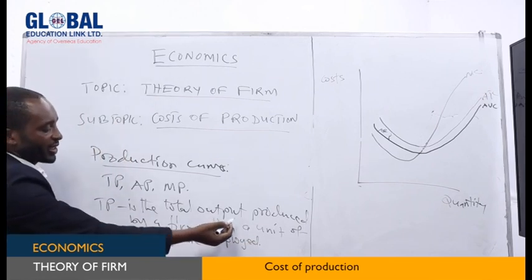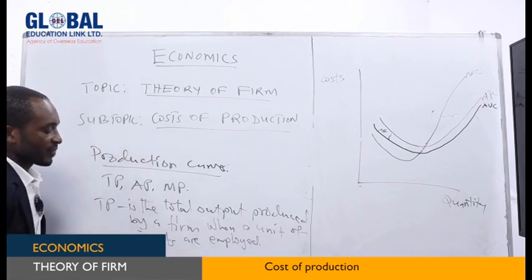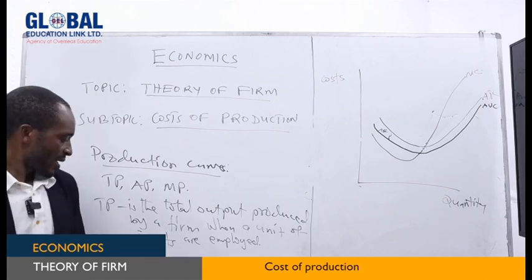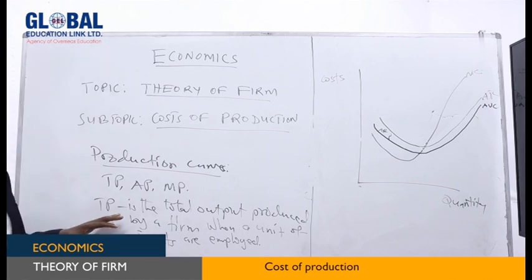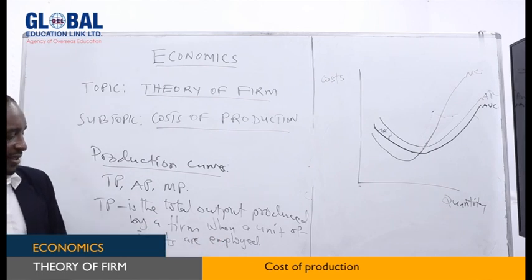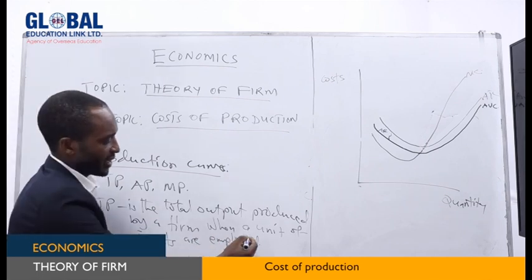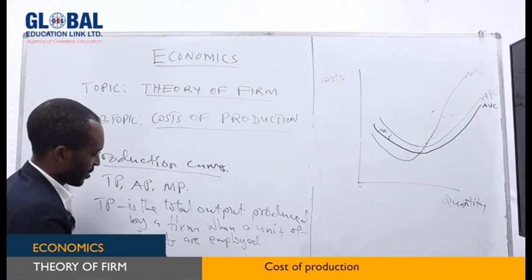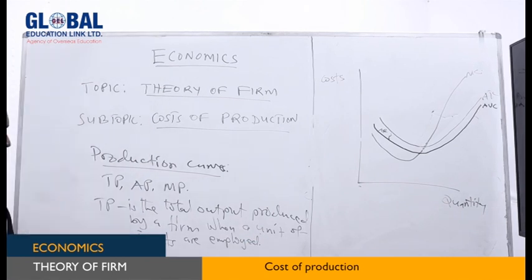So total product, or total output, is the same as the total output that a firm produces when it uses a certain amount of input.